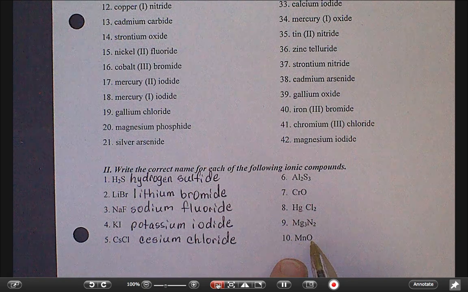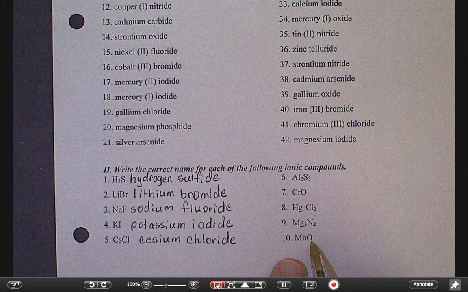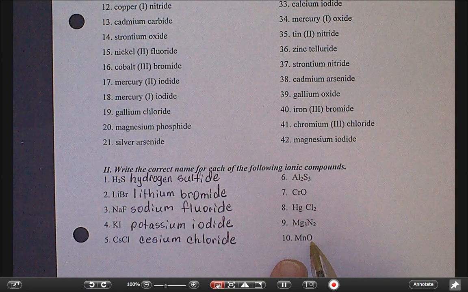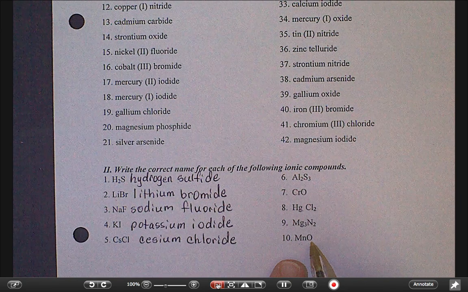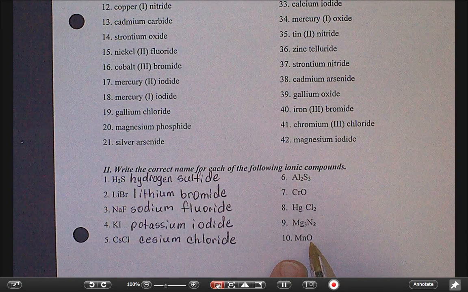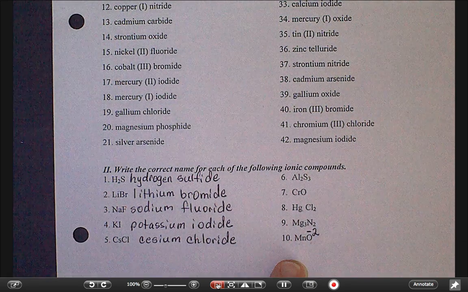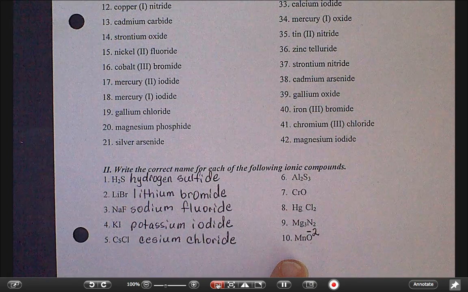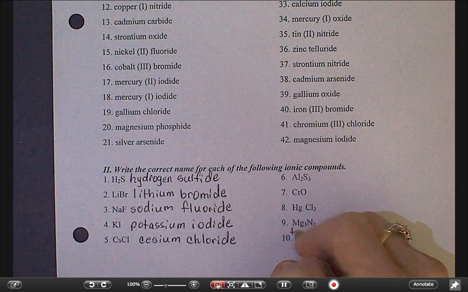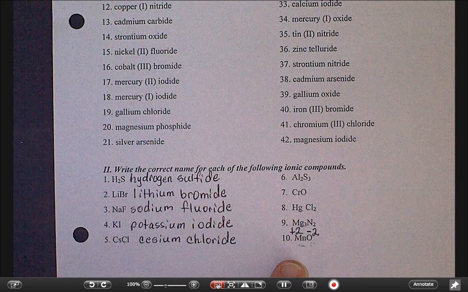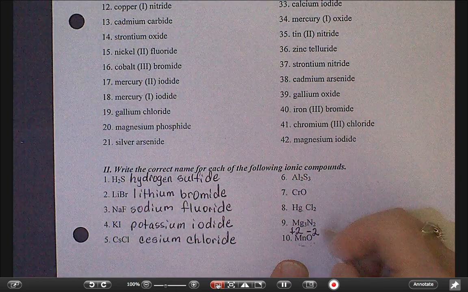What was oxygen's ionic charge? Remember, the sum of the charges has to go to what? 0. Oxygen is a -2. What does that make manganese have to be? A +2. And you can also tell that it was a 1-to-1 ratio, wasn't it? Okay. So this is manganese.